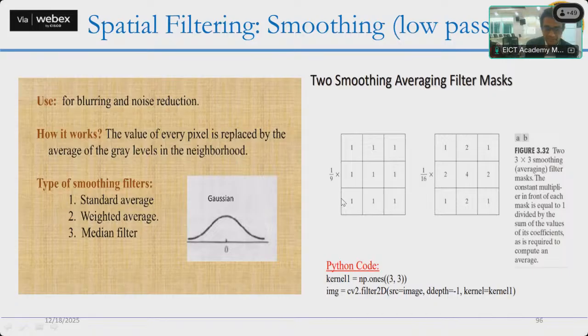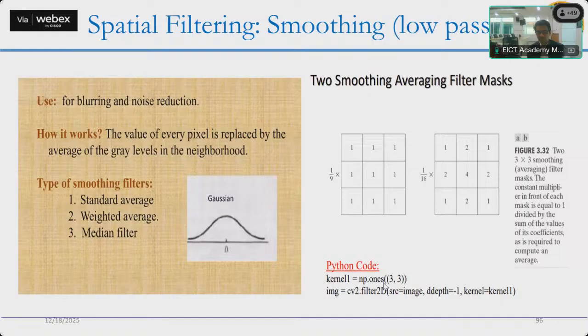Whatever range is there will remain the same when we normalize it. In the same way, when weighted average is there, what is the value? If you add up here, 1 plus 1 is 2, then 4, and then 6, 10, 12, and then it is 16. 1 by 16 into this one, so then we will be able to get it.